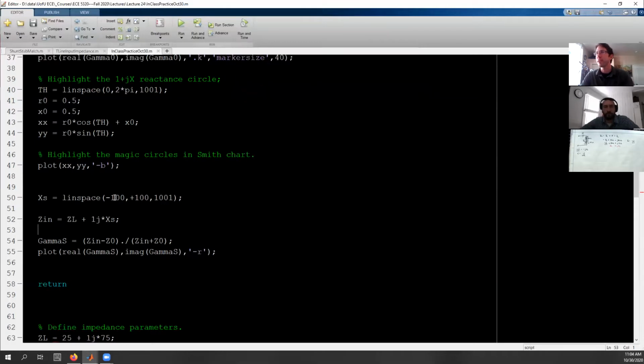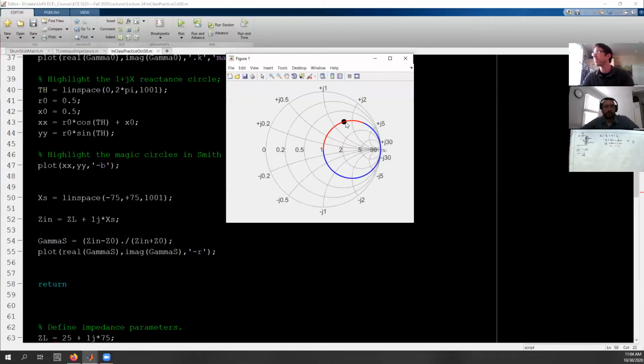In particular, let's just do from negative 75 to plus 75, because that's the actual value. As I go to negative 75, it brings me to the center of the Smith chart, which is exactly where I would want to be. That is the first step in lumped element matching, and it shows the connection to the Smith chart.